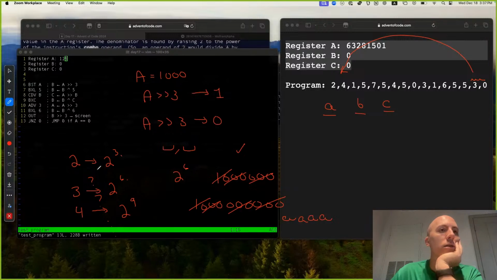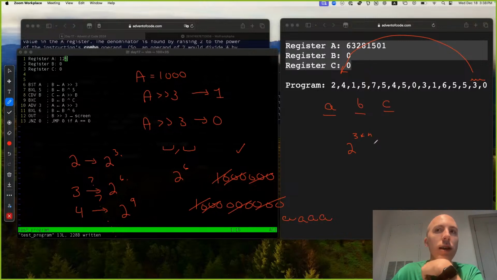So following this through, it seems like 2 goes to 3, and these are increasing by 3. So it's almost like 2 to the 3 times n.